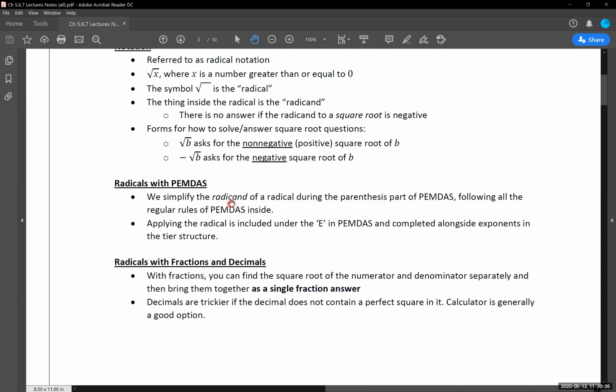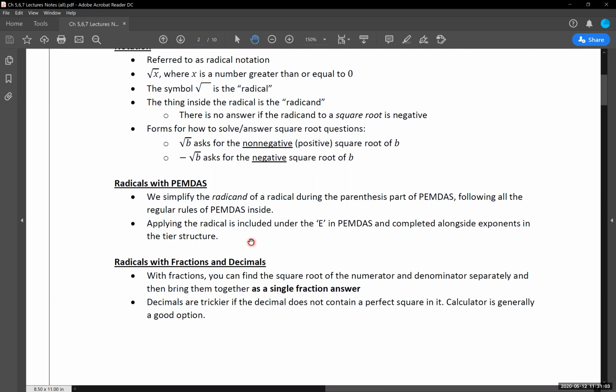We need to simplify the radicand first. We're going to find in a lot of instances that makes life a heck of a lot easier for us. So do the radicand first. That goes with the parentheses. Once we have finished the parentheses portion, then we move on to the exponents. And radicals are included under the exponent part of PEMDAS and can be completed alongside exponents in that kind of tier structure that we have.